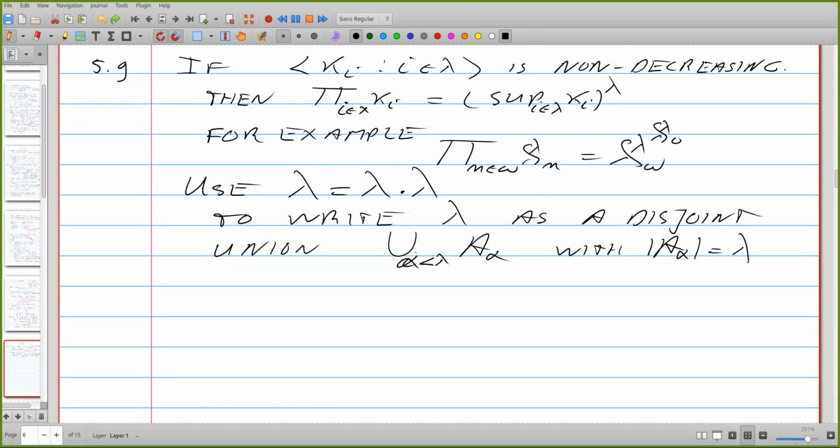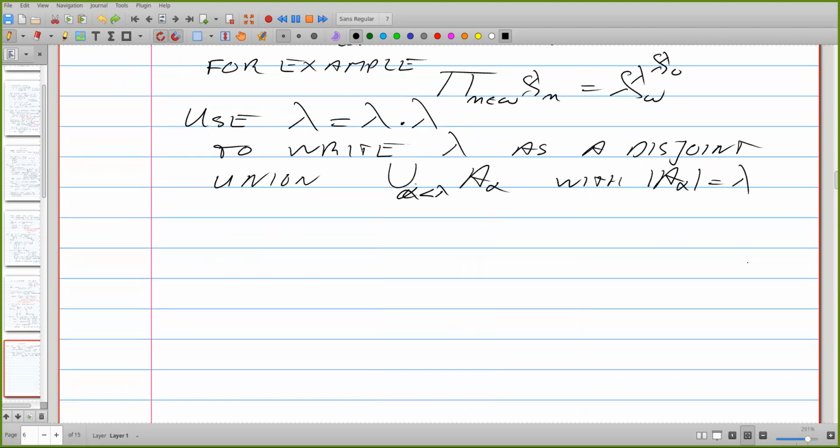If there is a bijection between lambda and lambda cross lambda, then we take the vertical lines and we take them back through the bijection and we split lambda into lambda many sets, each of cardinality lambda.